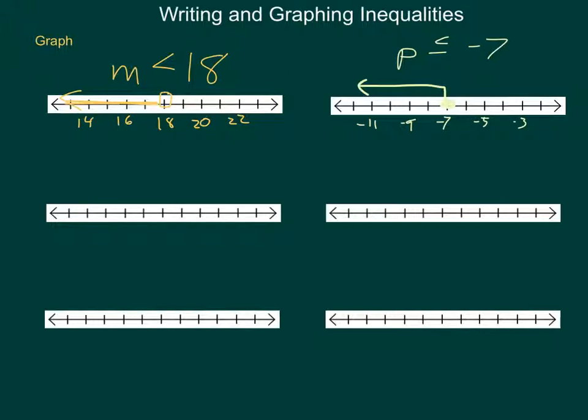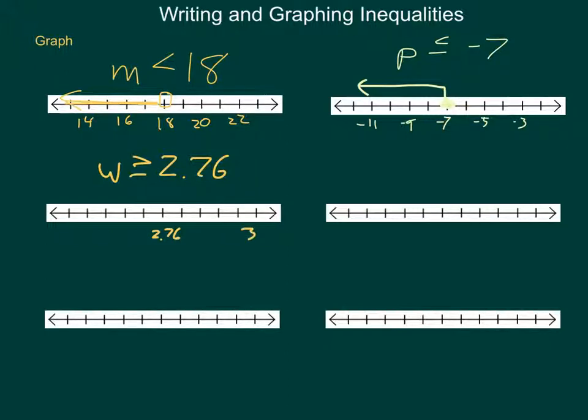Next inequality, we're going to be looking at W is greater than or equal to 2 76/100ths. So, again, place my number of interest in the middle, 2 76/100ths, and then note something to either side.